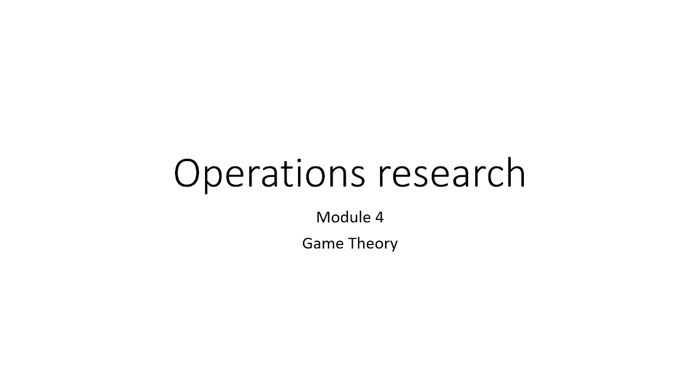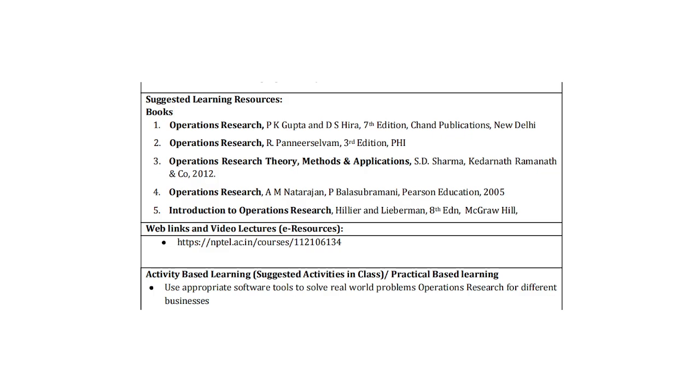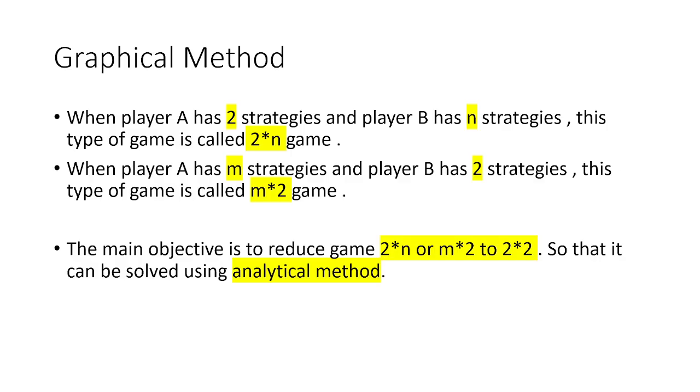Such games are called 2 cross n games. Similarly, B has two strategies and A has M strategies. Such games are called M cross 2 games. We can adopt graphical method for 2 cross n and M cross 2.